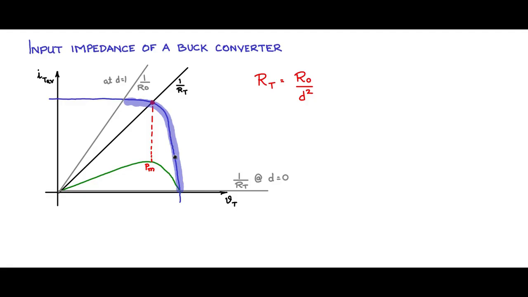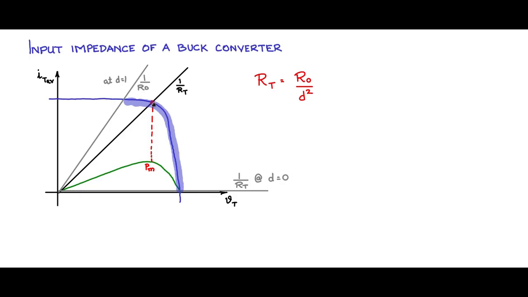All these are reachable points with different values of D varying from 0 to 1. You can have different sloped load lines from 1 by RT with slope of 0 to 1 by RT equal to 1 by R naught, with RT equivalent to R naught at D equal to 1.